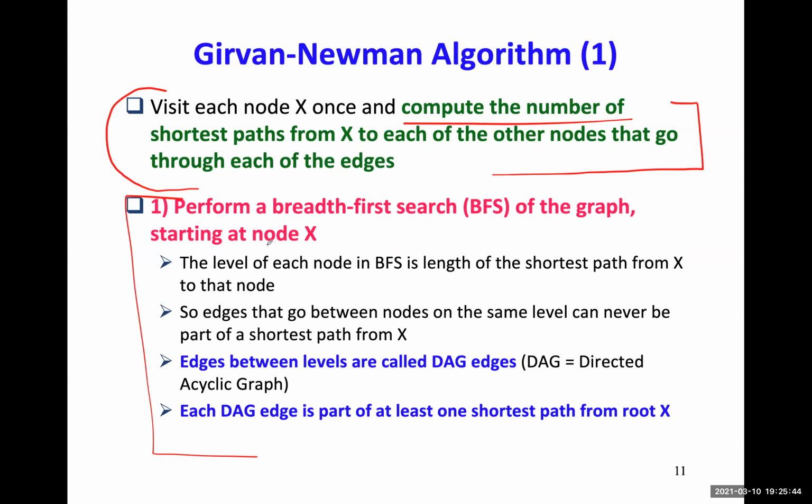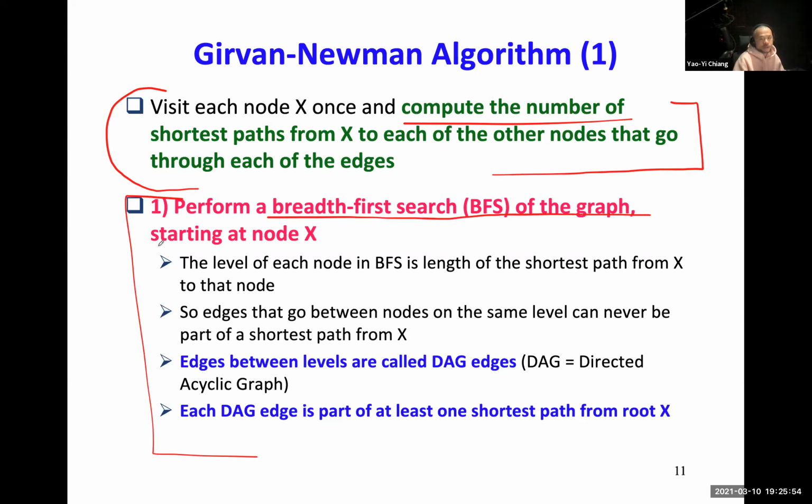All right, I'm back. So how do we really calculate the betweenness numbers? Well, we do a breadth-first search, BFS, of the graph, starting at node X. You should know how to do this. I think this should be in your data structure or algorithm course.